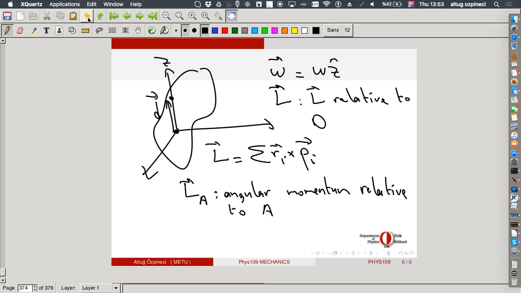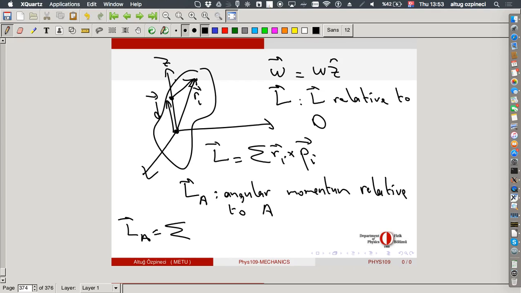To the point A. In fact, in this case, I just assume D to be along omega, but we will see if it is necessary or not. Let's see how the angular momentum changes if I shift my reference point. Now, in that case, LA will be equal to, let's say this is the point Ri.